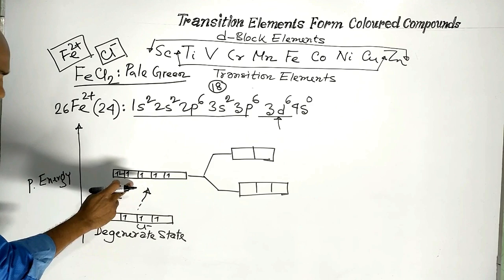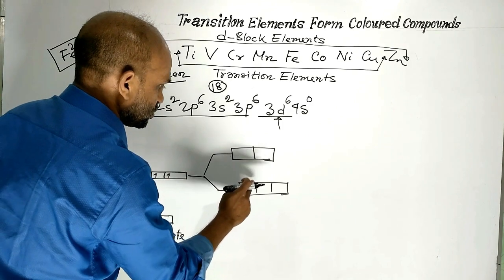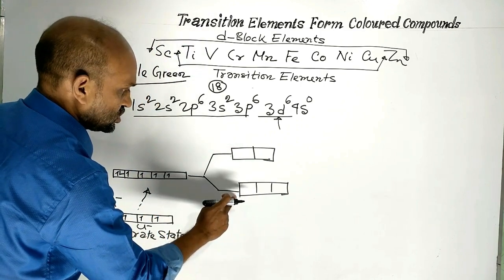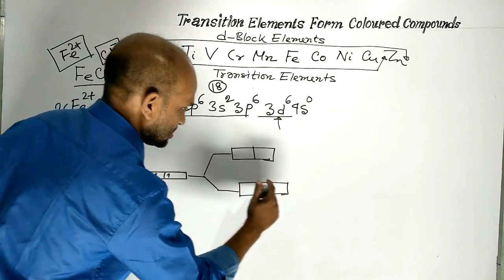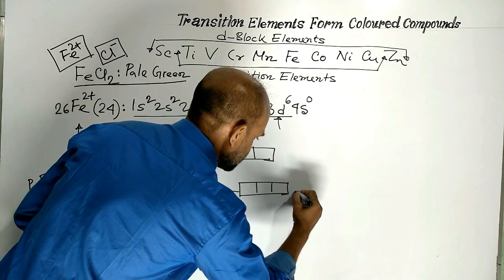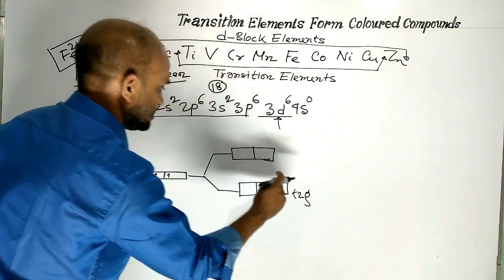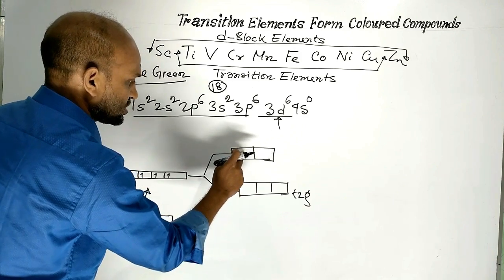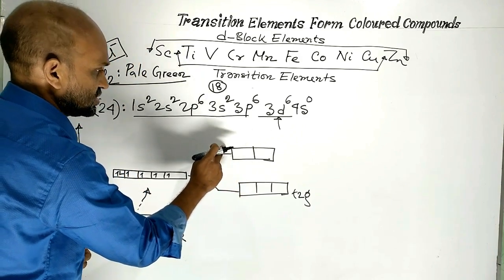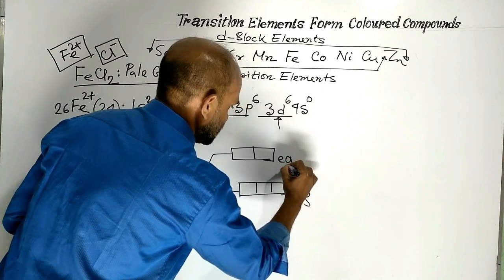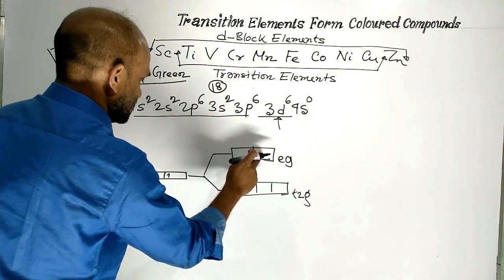The group of 3 orbitals with lower energy is symbolized by t2g, and the group of 2 orbitals with higher energy is known as eg orbitals.